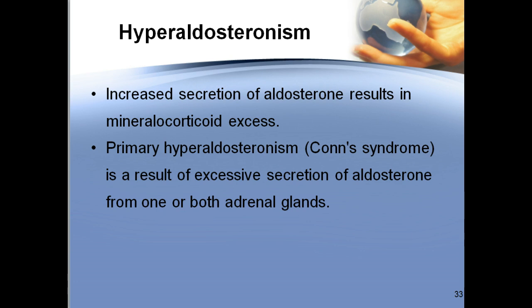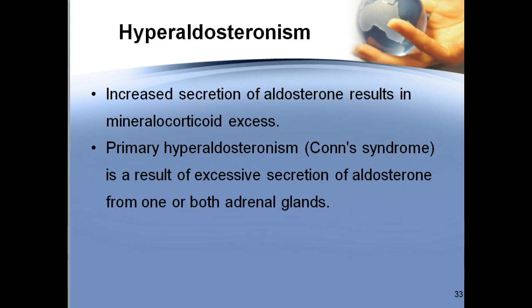As a result, the increased aldosterone levels affect the kidney tubules, and what they do is cause sodium retention with potassium and hydrogen ion excretion. So as a result, people will end up with hypernatremia, hypokalemia, and metabolic alkalosis.